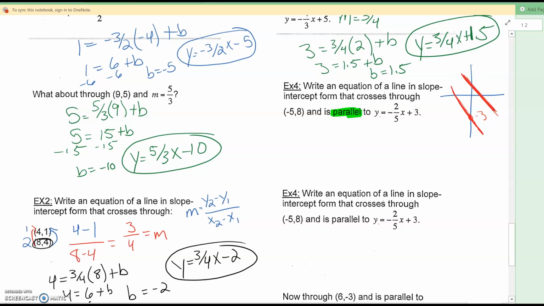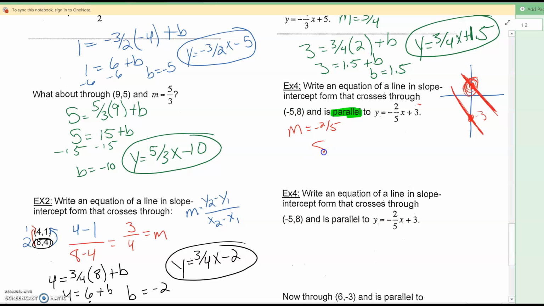So those will never intersect. It's almost like we're translating it up there. So I'm going to take this slope from the first line and always solve for b. This y-intercept of 3 should not affect my new line at all. That 3 has nothing to do with it. So I always solve for b.